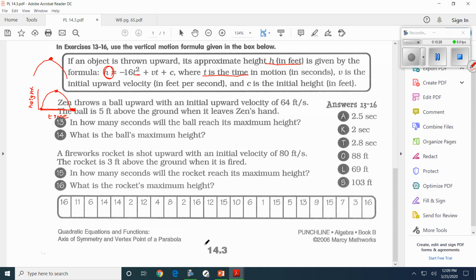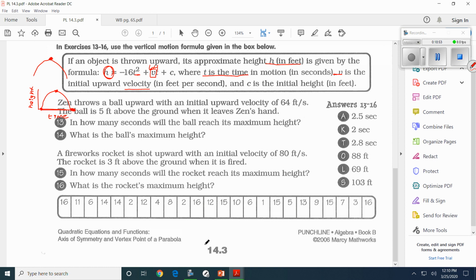So to find the axis of symmetry, let's see, we got to plug in some numbers here. So what do we have here? He says that it had the initial upward velocity of 64 feet per second. So where do we plug that in? It tells you up here that the v is for velocity. So here's the v in the equation. So in place of v, we're going to put 64.